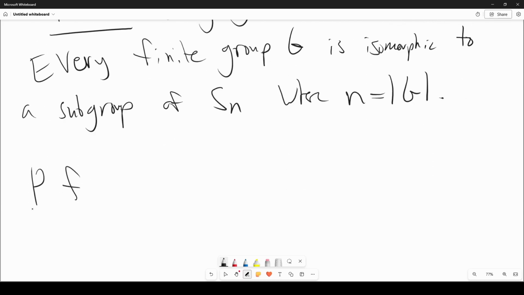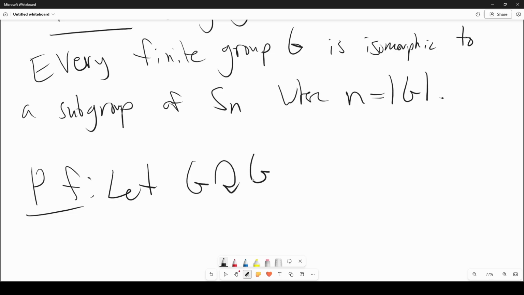And note this is distinct from what we proved above, which said that if you have G acting faithfully on a set X, you get this. And this is saying every group G is isomorphic to a subgroup of S_n. So what we want to prove is that every finite group has a faithful group action. Okay. So let's consider a group action of G acting on itself.